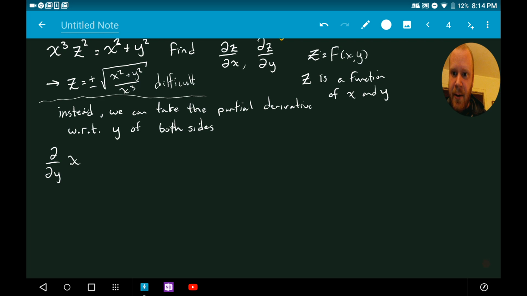Del y of x to the third z squared is equal to del y of x squared plus y squared. Let's do the right-hand side first because that's the easy one. So this is a constant that gets reduced down to nothing, or 0 rather, and this will just be 2y.